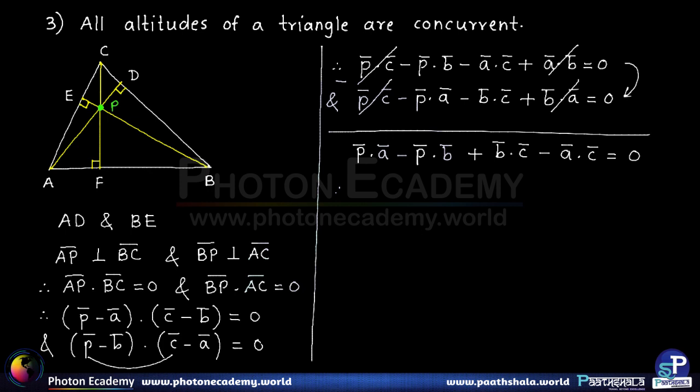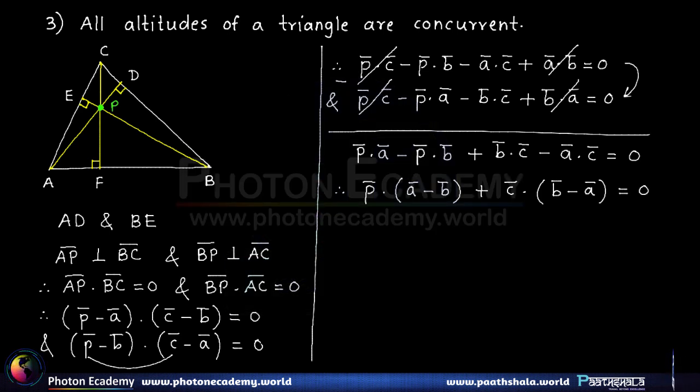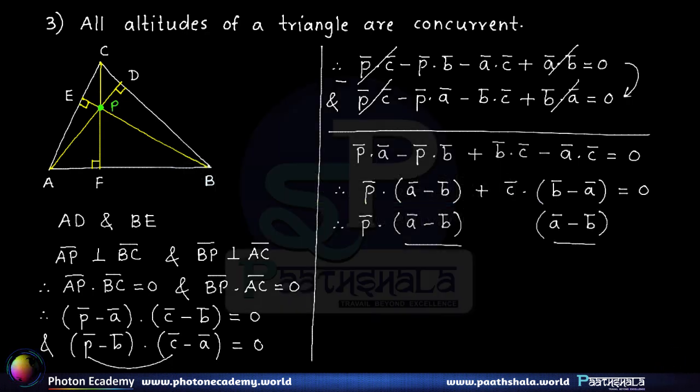From the first terms we can take P bar common, dot into bracket A bar minus B bar, plus from the second terms we can take C bar common, dot into bracket B bar minus A bar, equal to 0. In the second term we change the order, so that instead of B bar minus A bar we have A bar minus B bar, so it can be taken common in the next step.